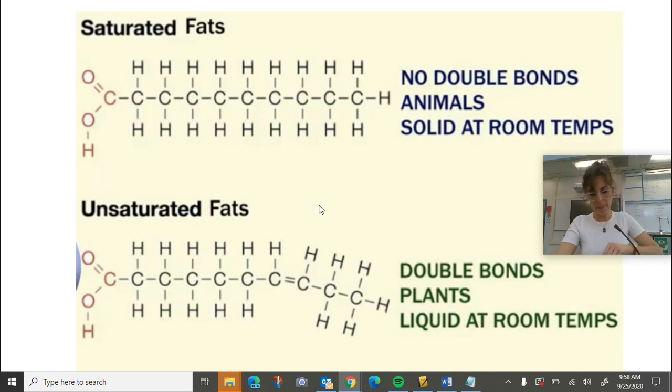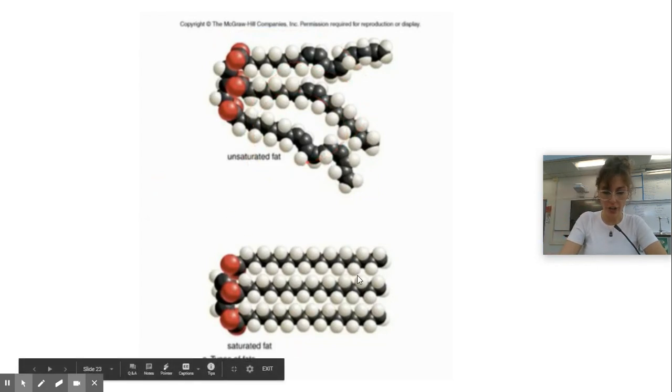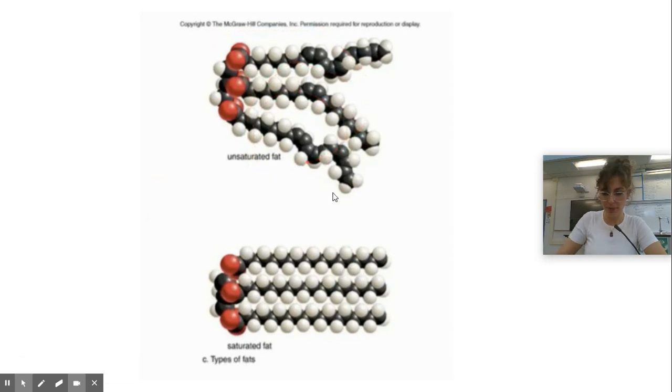Okay. So here we have another picture, so you can see the unsaturated fat is very fluid, full of these kinky shapes here, versus our saturated fats, which are solid at room temperature, and you can see why they just stack nice and neatly on top of each other.